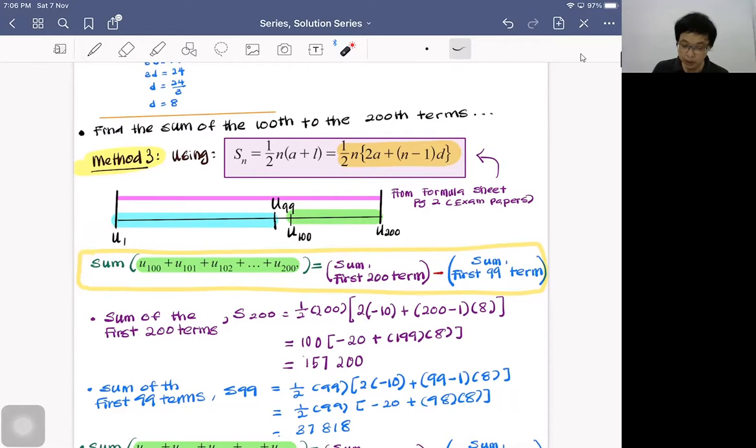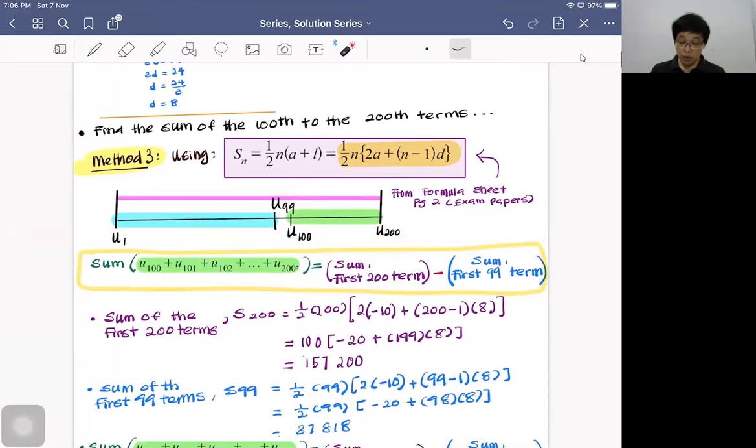In order to get the sum of the 100th to 200th term, we can take the sum of the first term all the way to the 200th, minus the sum of the first term all the way to the 99th. That is what we have. So the sum of the first 200 terms minus the sum of the first 99 terms.